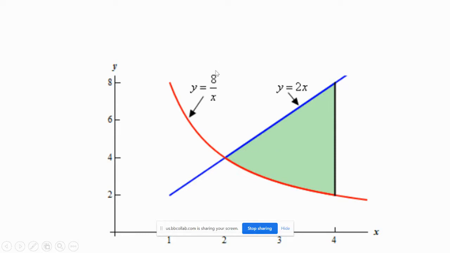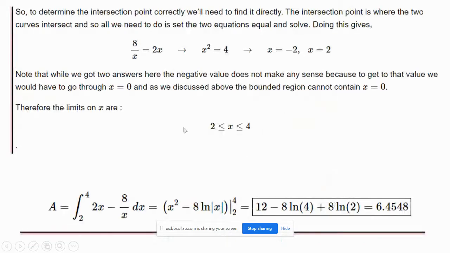And so we can tell clearly that the function that is on top here is y equal 2x, the blue function. And the function that is underneath is y equal 8 over x, which is the red function. And you do have to figure out what this point is here. The other point that you know is going to be x equal 4. Okay, so let's continue then.